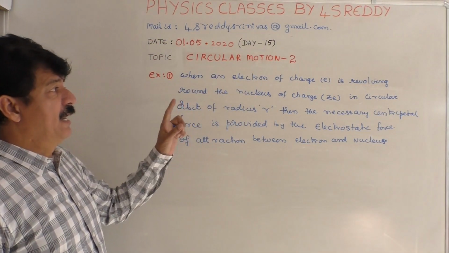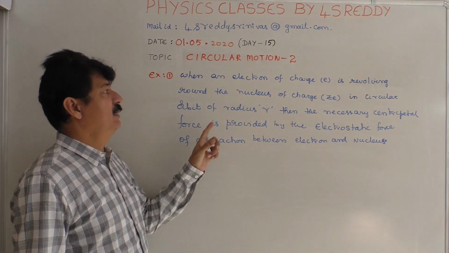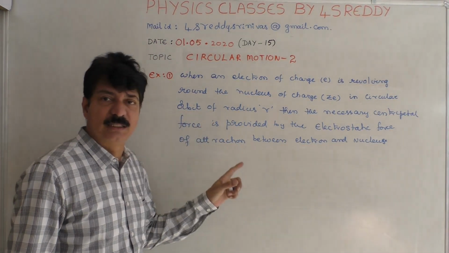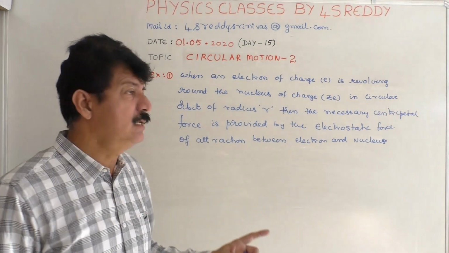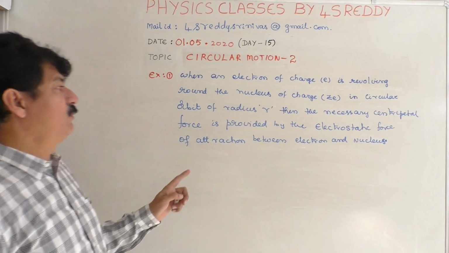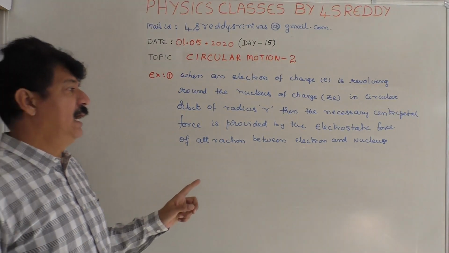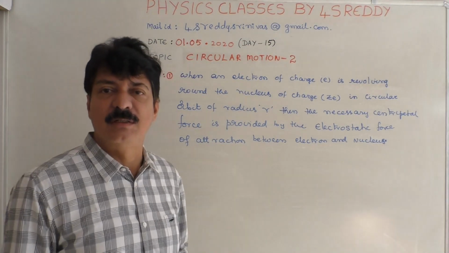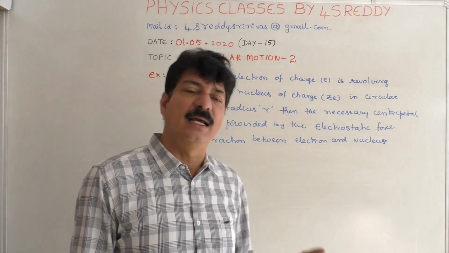Whenever an electron of charge small e is revolving around the nucleus of charge Ze, then the necessary centripetal force is provided by the electrostatic force of attraction between the nucleus and the electron.